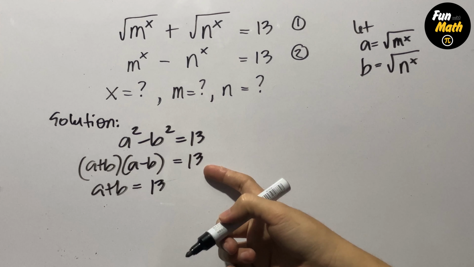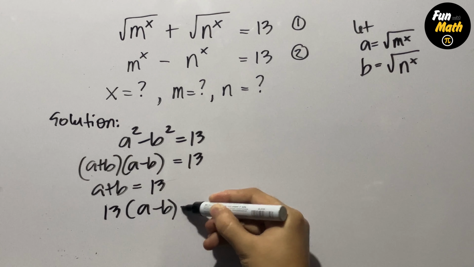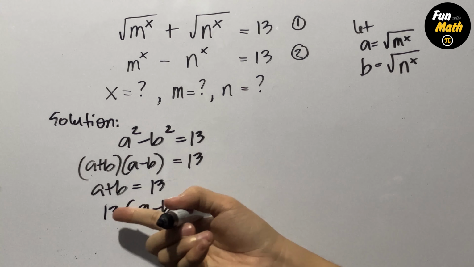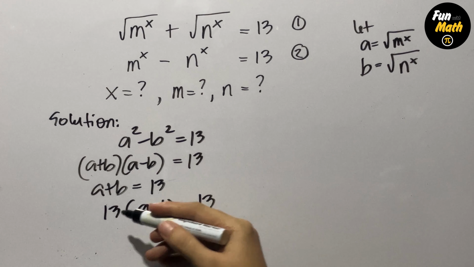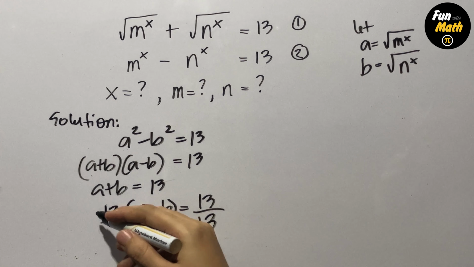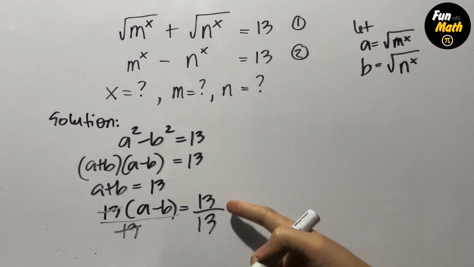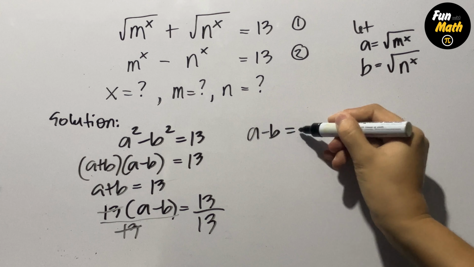So for this, we can now write it as 13 times a minus b equals 13, in place of a plus b. Next, we can divide both sides by 13. So this is cancelled and this is equal to 1. So this is now a minus b is equal to 1.